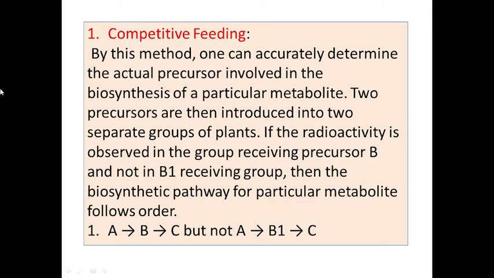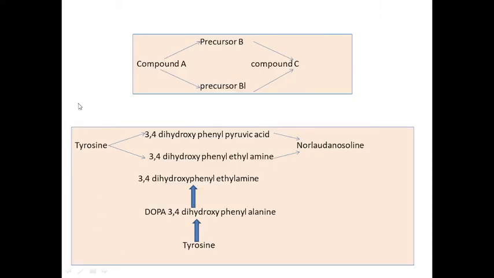So A is the starting compound or starting material, and from that C will be produced, either with the normal path or normal precursor or normal intermediate, or it will be produced due to another introduced intermediate. So here you can see, from compound A, compound C will form, and two precursors are used.